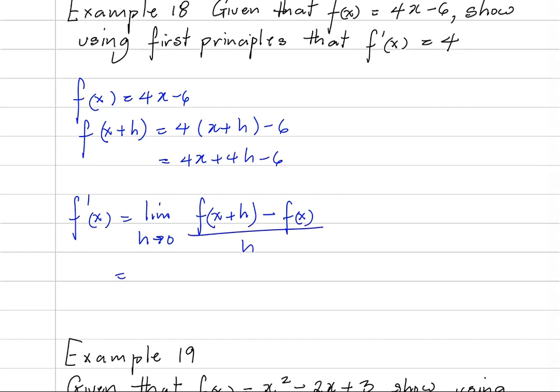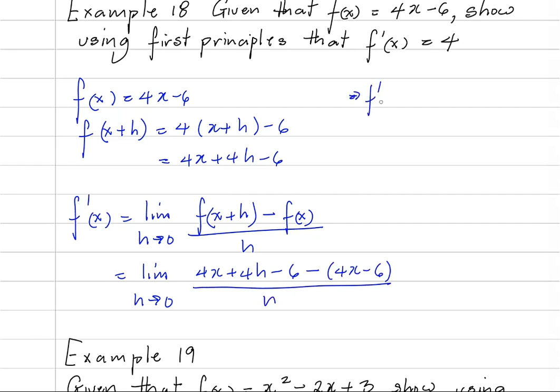So this would be the limit as h approaches 0 of 4x plus 4h minus 6 minus 4x minus 6 all over h.